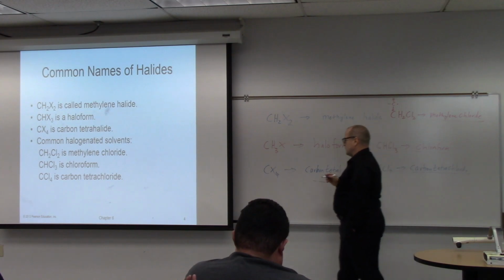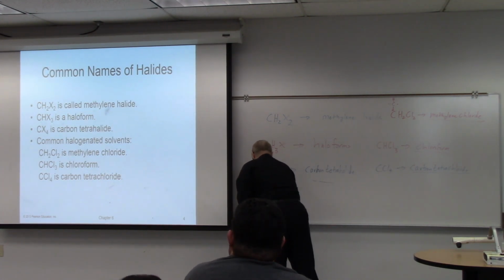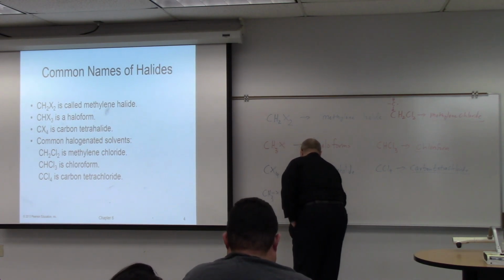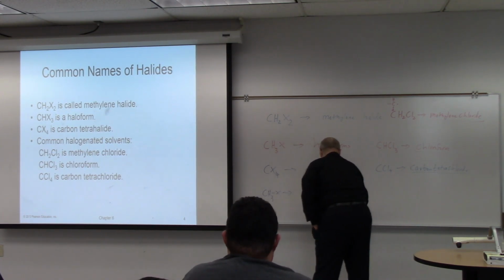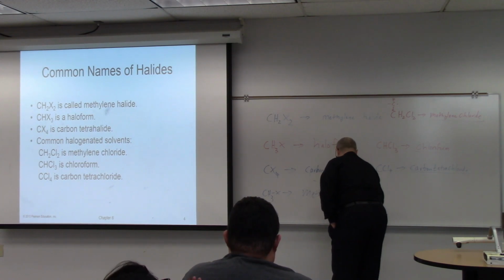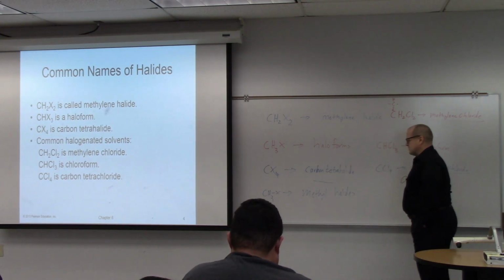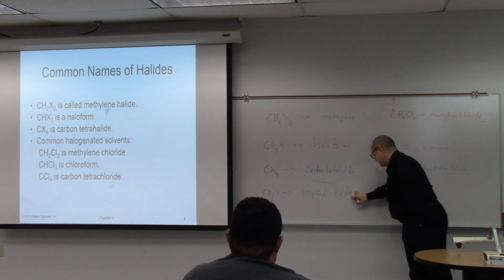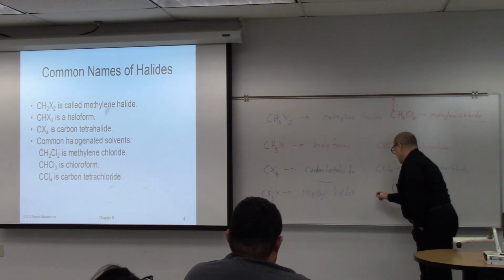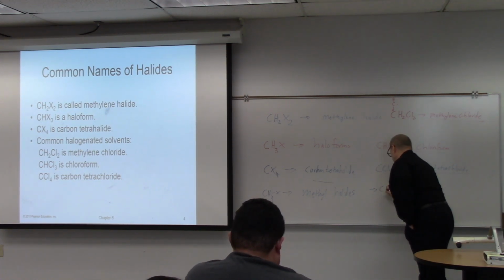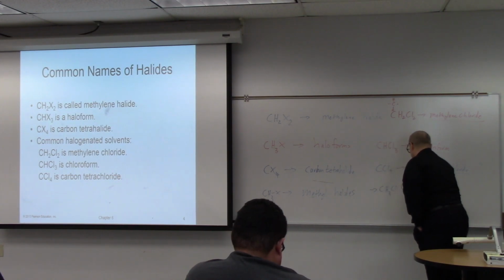And I forgot one. I'll do the easy one. These are called methyl halides. Whenever you have a halogen attached to a methyl group, it is called a methyl halide. So now if we had something like this, CH3Cl, that's called methyl chloride.